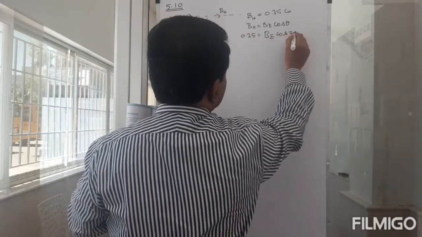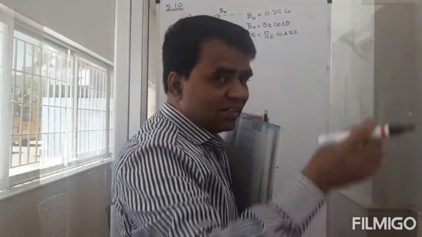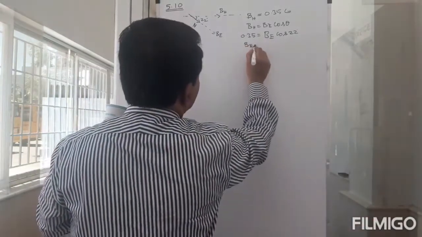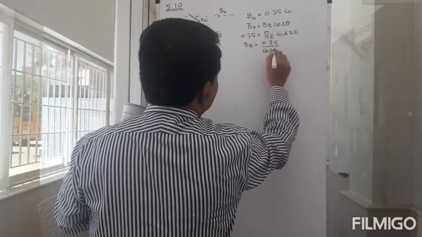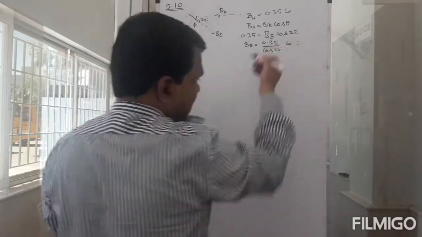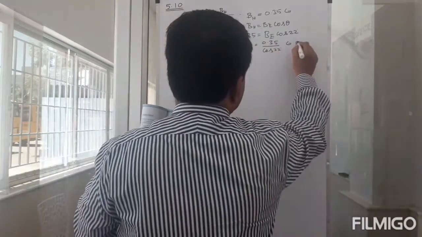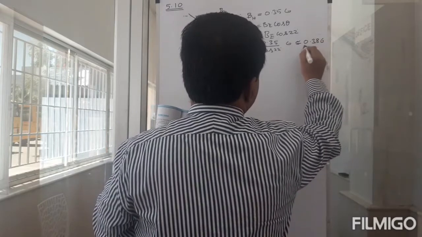Cos 22 would be slightly less than 1. So your BE is equal to 0.35 by cos 22 degrees Gauss, which is going to be slightly more than 0.35. Approximately this will give you a value of 0.38 Gauss.